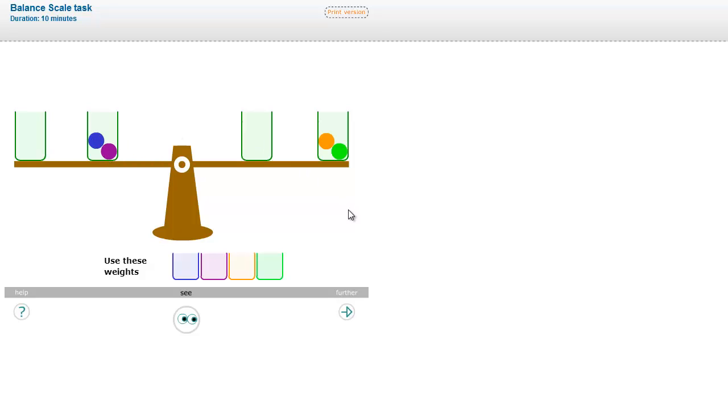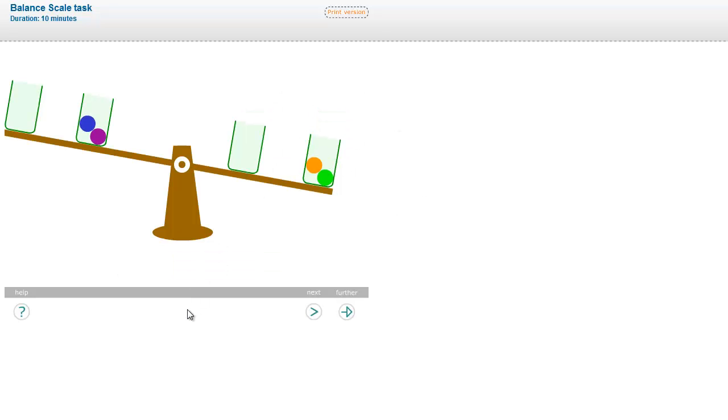Now, Rule 2 users, they take the distance into account as well. So they see that there's 2 here and 2 here as well. But they also notice that the 2 weights on this side are further from the middle than on this side. So in this scenario, Rule 1 users will predict that the scale is balanced, 2 on this side, 2 on this side, but Rule 2 users, who take the distance into account, will correctly predict that this side will go down. And there you go.